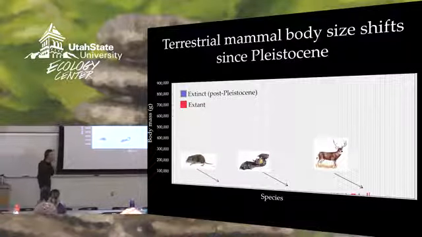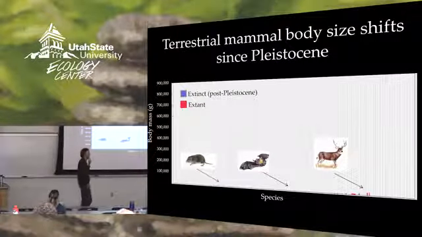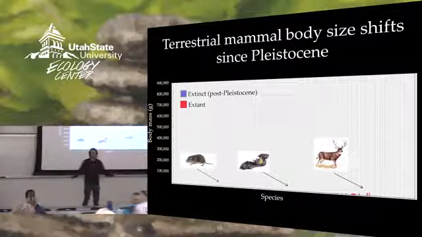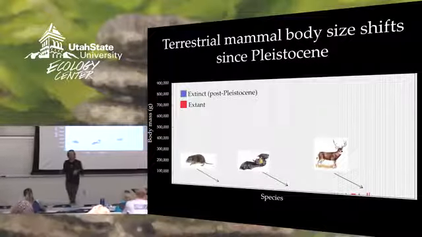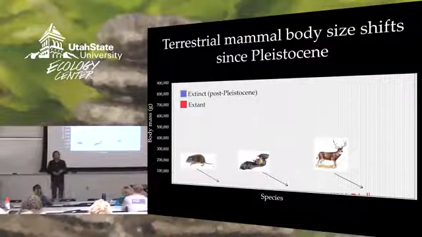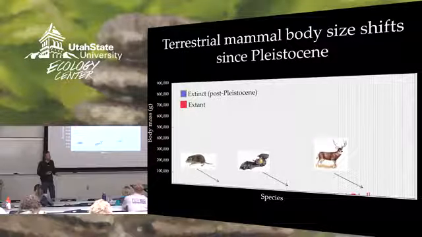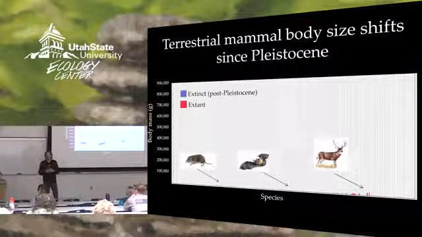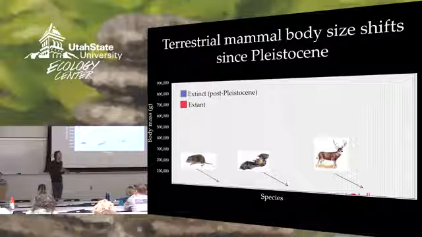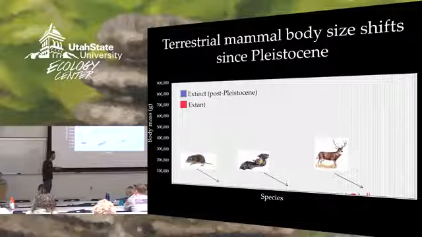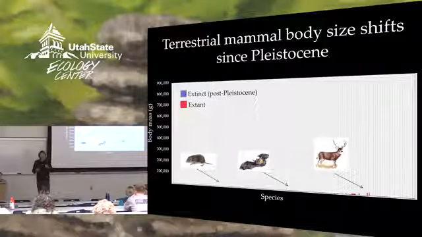That is a profound shift. That's a profound shift in the size structure of life in this very space where we're sitting today, right? And there's no way that shift in size structure could have happened without having really important, profound implications for the structure, the dynamics, the operation of the systems where we're sitting, standing, studying today.